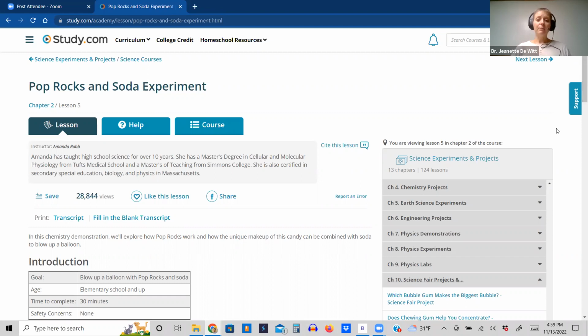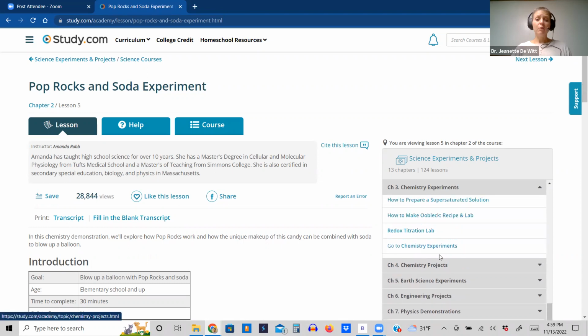As you can see in the previous scrolling, there were biology, chemistry, earth science, physics, all types of different projects, and it tells you how long it's going to take. It's going to tell you what age group is the experiment geared towards, and then you can decide as a parent if you want to insert that project into your homeschool curriculum.